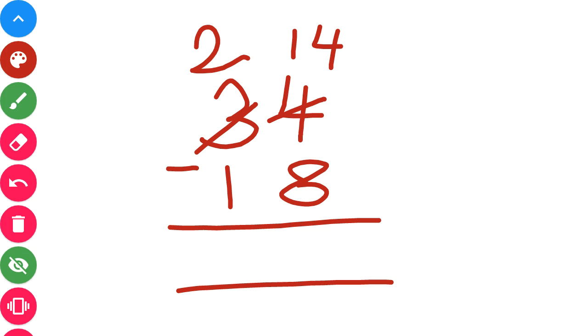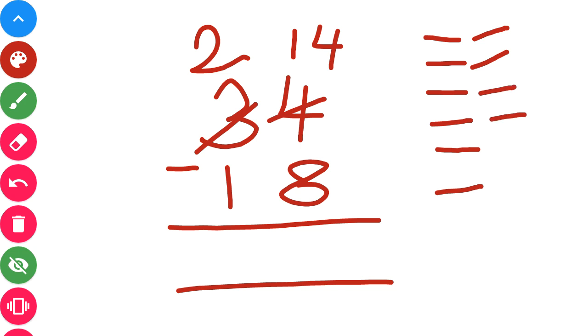Count after 8 so that we can get 14. 9, 10, 11, 12, 13, 14. How much have we got? 6. And here at the tens place what do we have? We have 2. So 2 minus 1 we will get 1. So our answer will be 16.